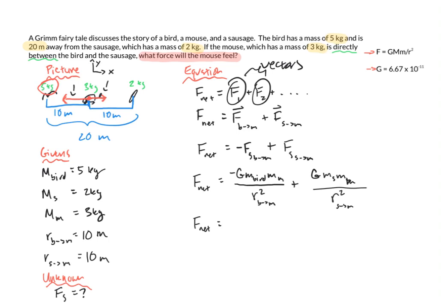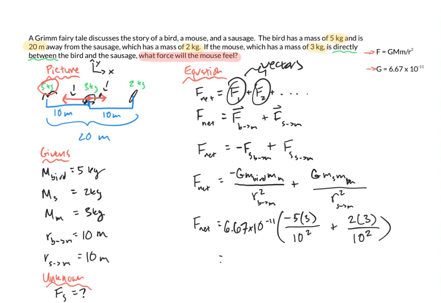So I have G, which I'm going to factor out and get back at the end, 6.67 times 10 to the negative 11th, times negative mass of the bird, which is 5, times the mass of the mouse, which is 3, divided by the distance between them squared, or 10 squared, plus the mass of the sausage, which is 2, times the mass of the mouse, which is again still 3, divided by the distance between them squared, which is also 10.